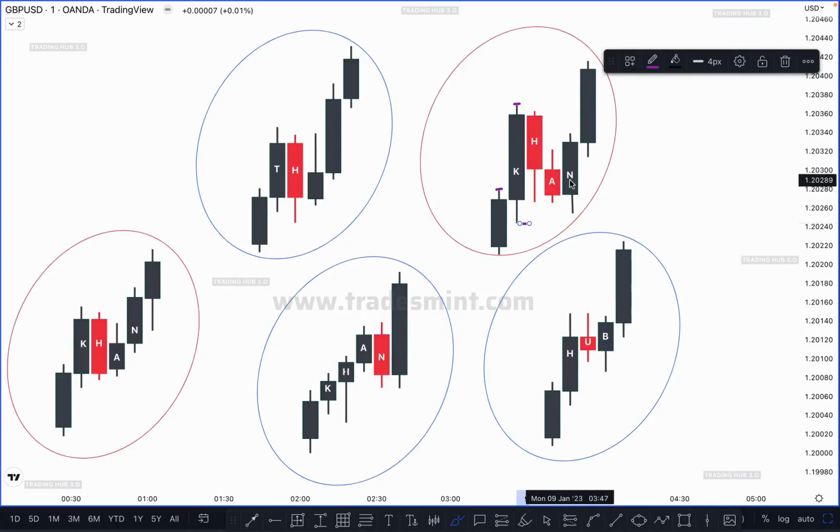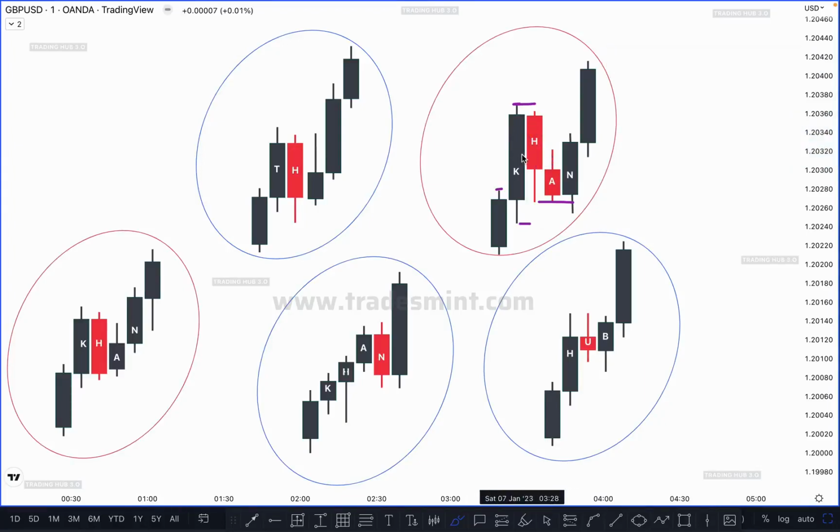Even the N candle took out the A and H candle lows right here, okay, but this is not a valid pullback. Why? Because the actual candle is here, which is the K candle, so if the K candle high or low is not broken, this is not a valid pullback, and these are inside moves of the K candle high or low, okay?